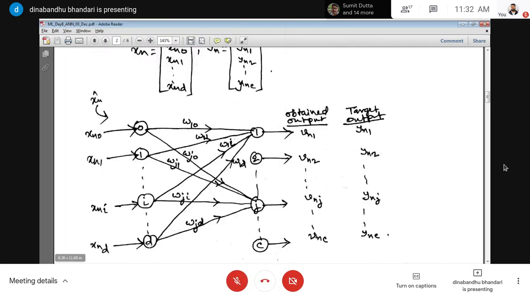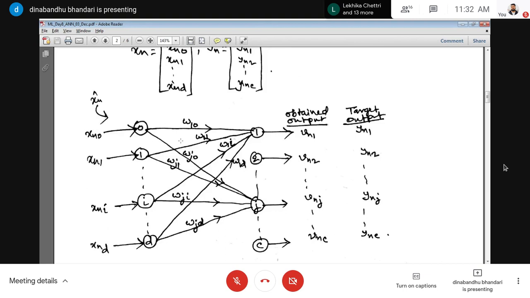So the number of nodes in the input layer will be equal to the dimension of your input object. And the number of nodes in the output layer will be equal to the number of classes you have. Here, how many classes do you have? C, and here you see 1, 2, 3 up to the jth as the generalized one, and the Cth node here. You are feeding the data through this input layer, and the activity of nodes in the input layer is very simple. It receives the input and passes it on.